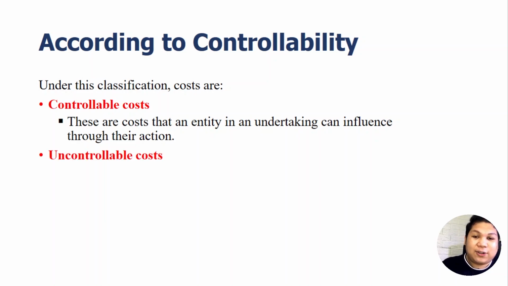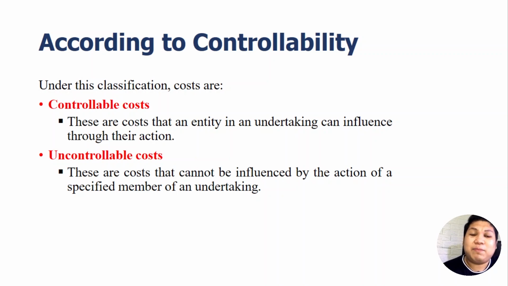On the other hand, uncontrollable costs, these are costs that cannot be influenced by the action of a specified member of an undertaking. Controllable costs is actually based on a perspective of a certain organization or department, because some costs are uncontrollable for one department but can be controlled by another department. For example, the salary of the admin personnel who is not part of the production is uncontrollable on the part of a production manager, right?